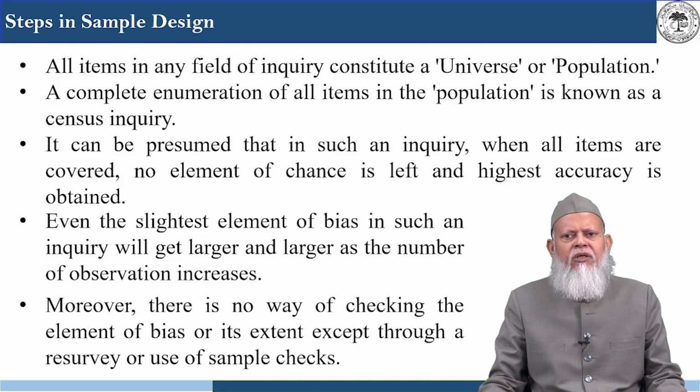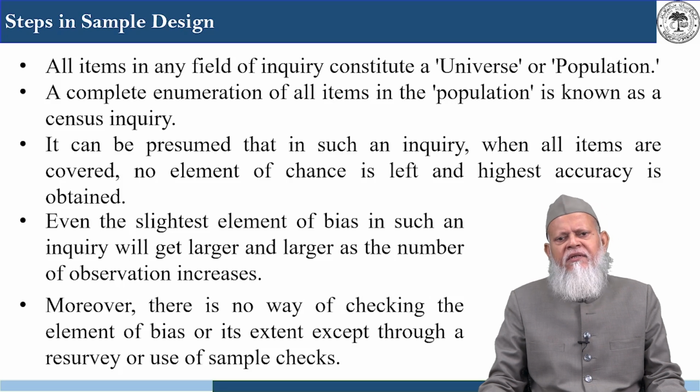A complete enumeration of all items in the population is known as the census survey. That is, if we study one and all items, one and all members of the universe or population, it is a census survey.